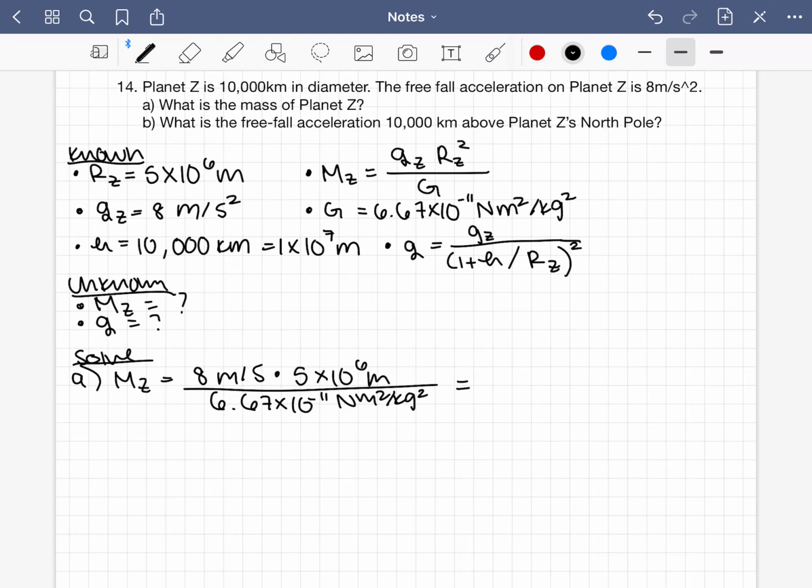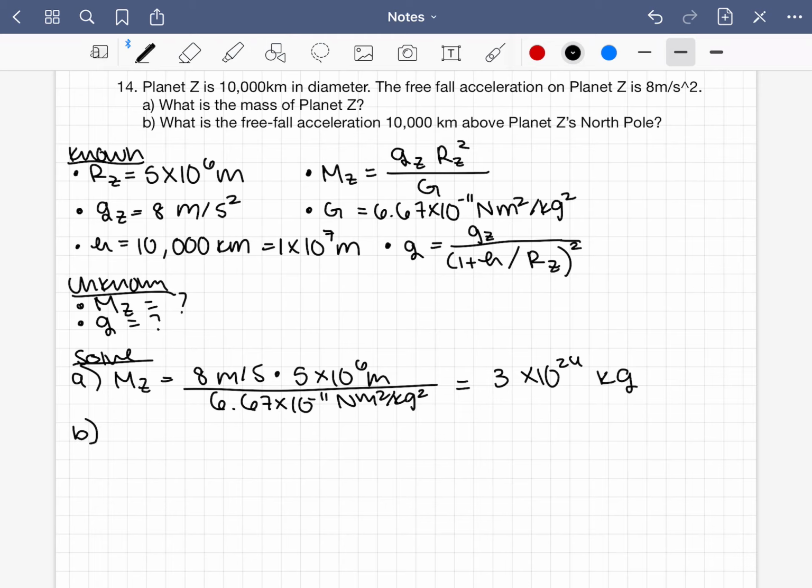And then if we cancel out units and plug that into our calculator, we get that the mass of the planet is going to be 3 times 10 to the 24 kilograms.